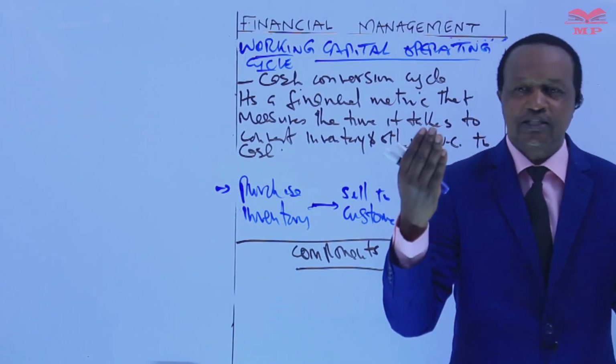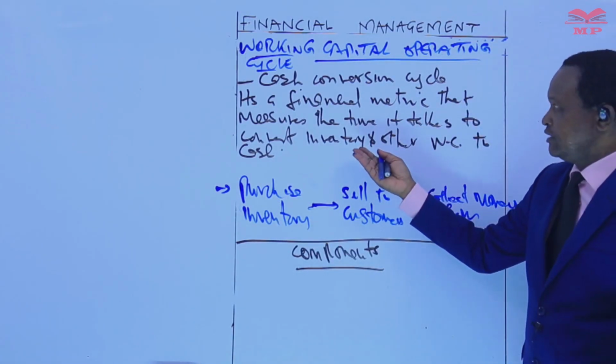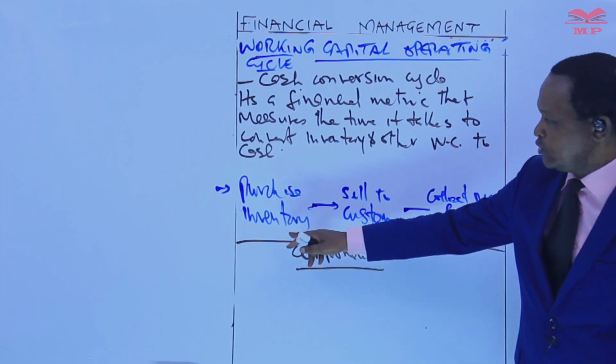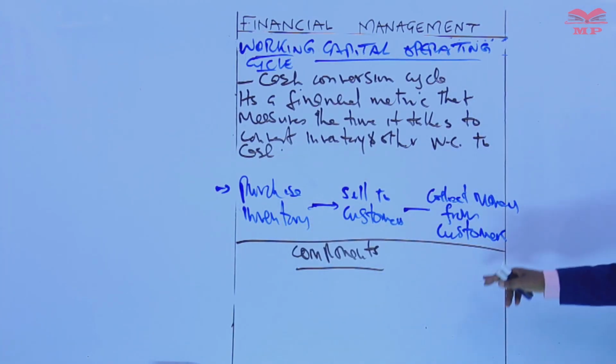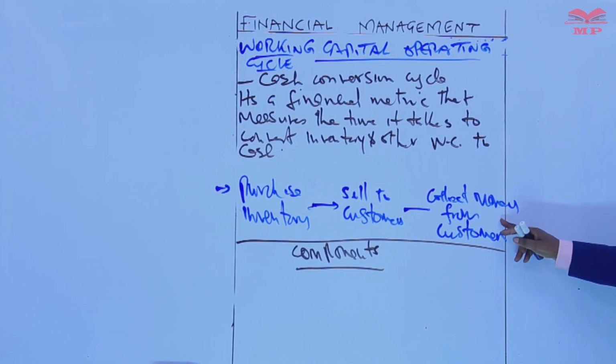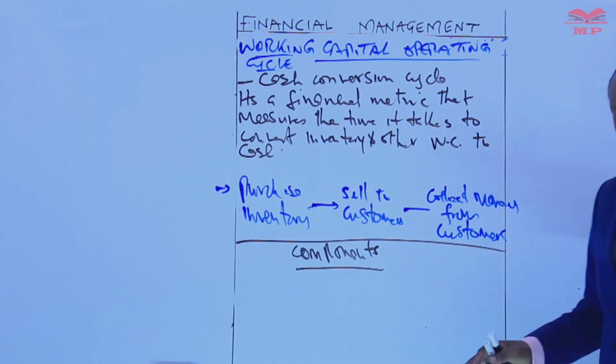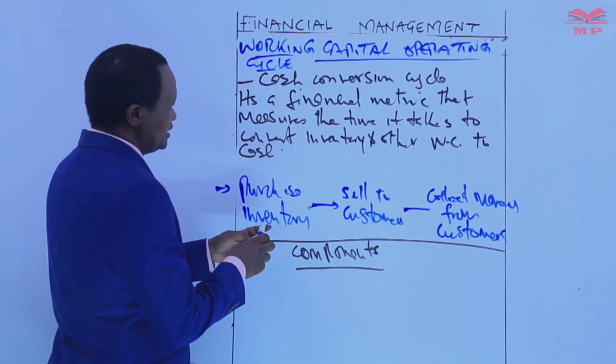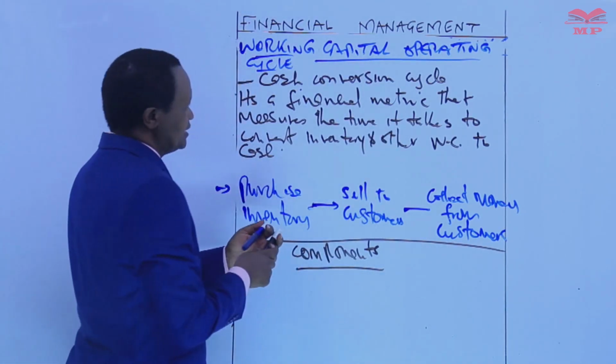It is also known as the cash conversion cycle, and it's just the time it takes to convert inventories into cash. So the components: because we are saying it is a metric, it is the time.